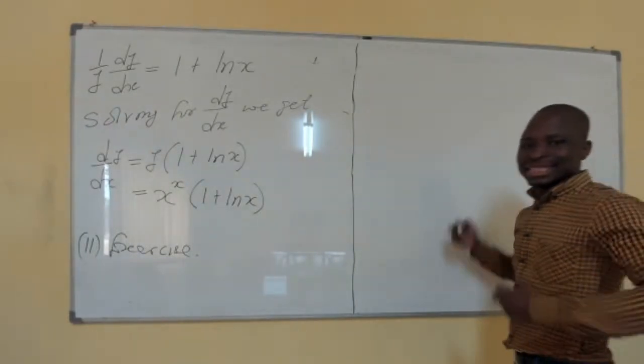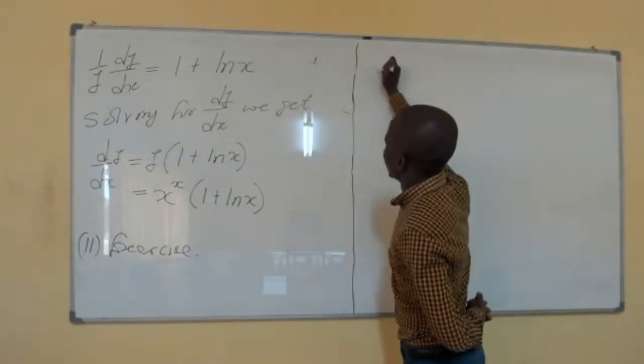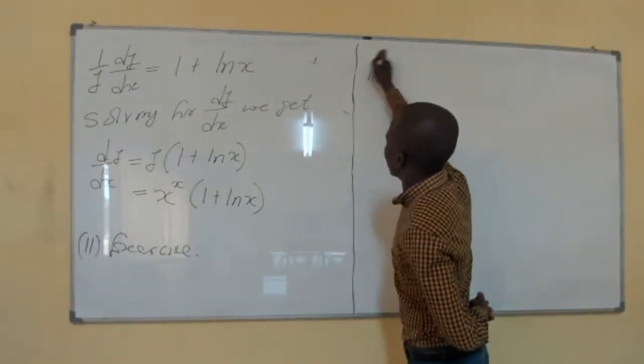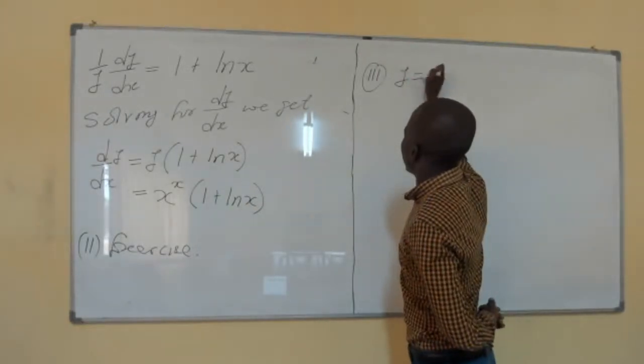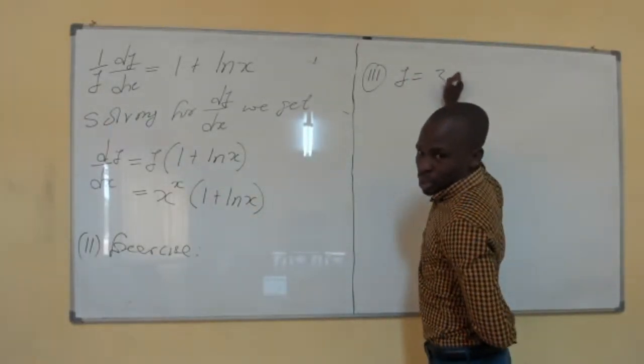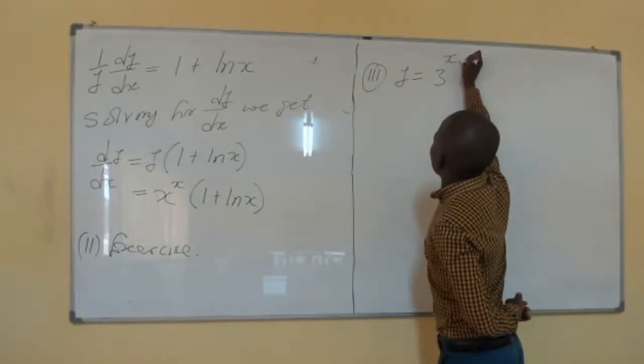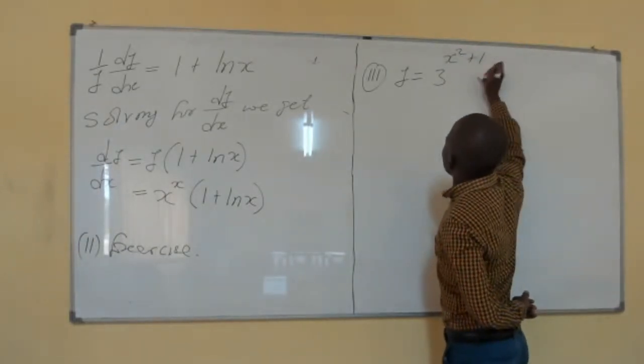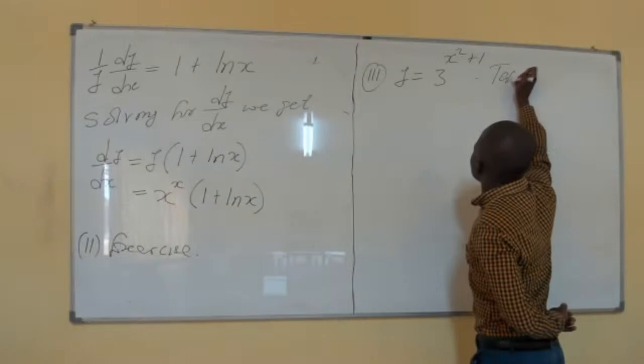So the last example, which is number 3. We are saying y is equal to 3 to the power x squared plus 1.